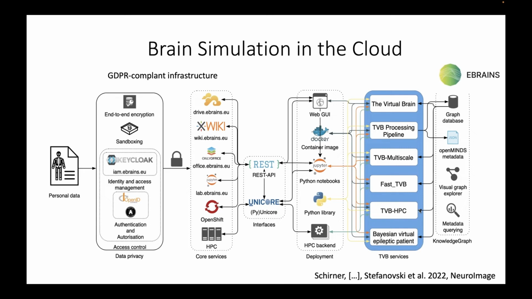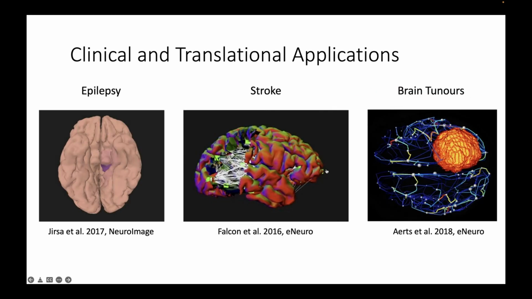And we are also working together with EBRAINS, the data platform of the Human Brain Project, a European platform, to allow high-performance computing and brain simulation in a GDPR-compliant infrastructure. So in an infrastructure that allows for compliance with strict data protection laws and high security levels for protection of the patients and the human data protection rights.